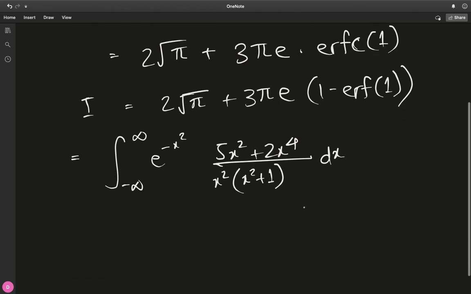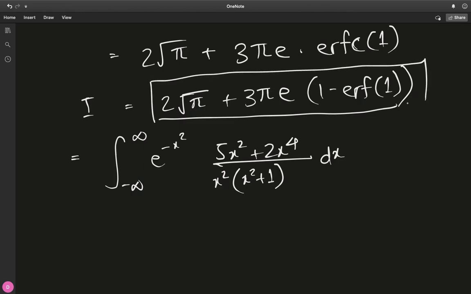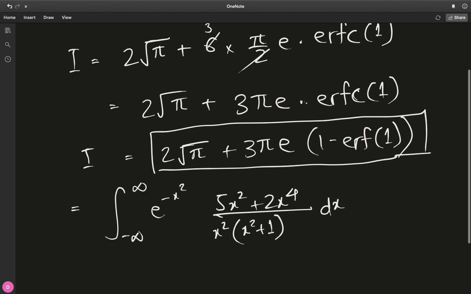So we basically used a Feynman technique or Leibniz rule to simplify this integral, and then we got this nice answer. This answer is pretty special because it necessarily does not have a numeric value after we introduce this Gaussian error function, complementary error function and error function.